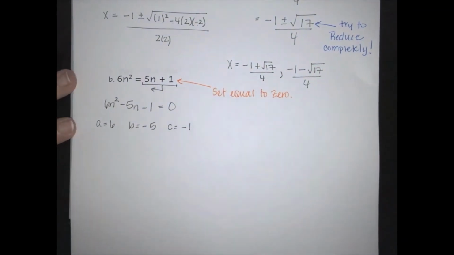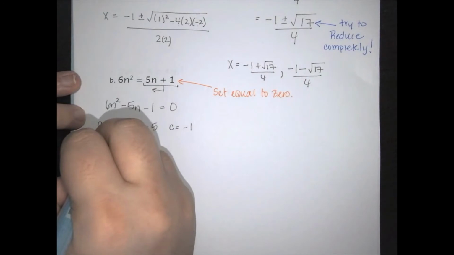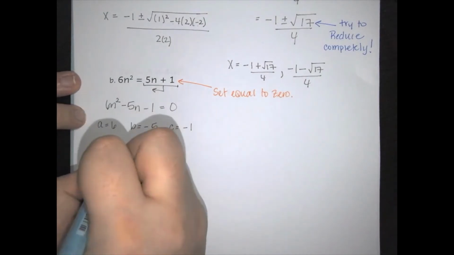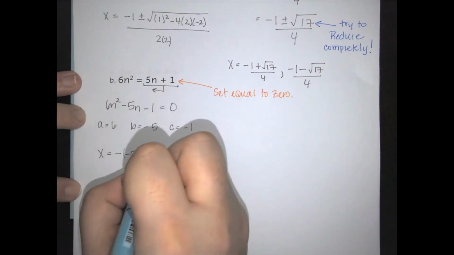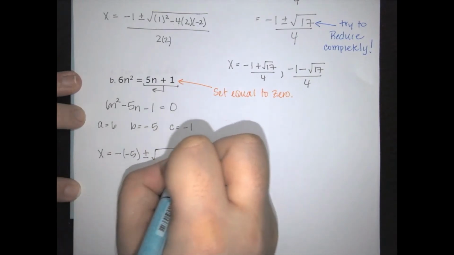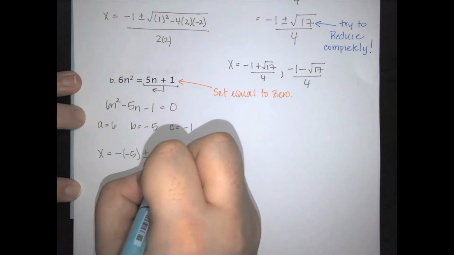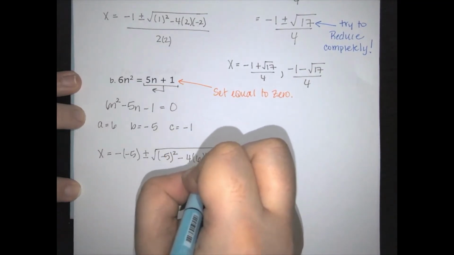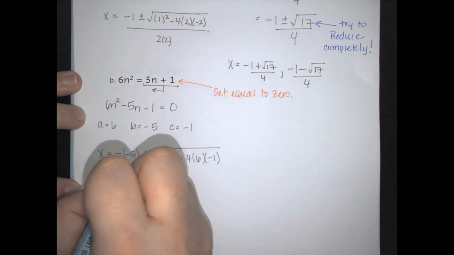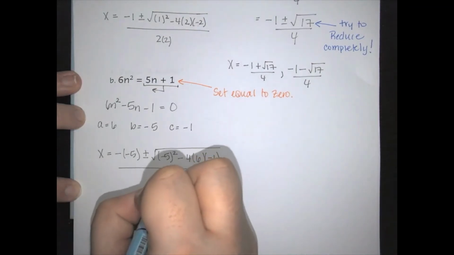So here I can go ahead and start plugging it in. So I have that x is equal to negative of my negative 5 plus or minus the square root of negative 5 squared minus 4 times 6 times negative 1 all over 2 times 6.